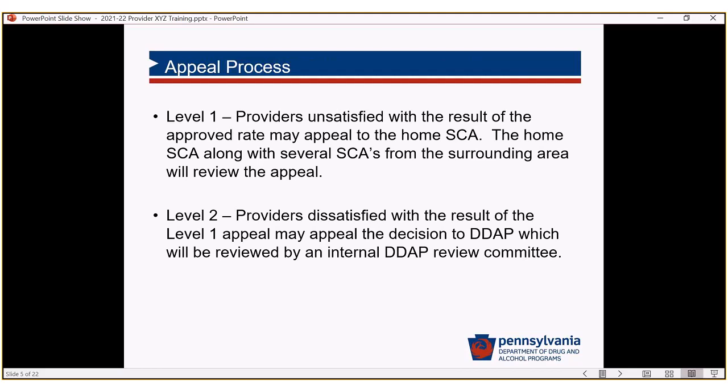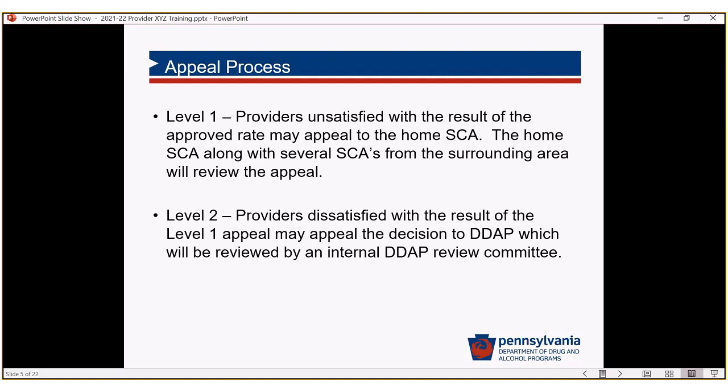Again, if that can't be resolved at level 1, level 2 is pushing that appeal up to DDAP's level for review. And in that case, the provider submits the information to DDAP, and then we have an internal committee that reviews the appeal and makes a determination.